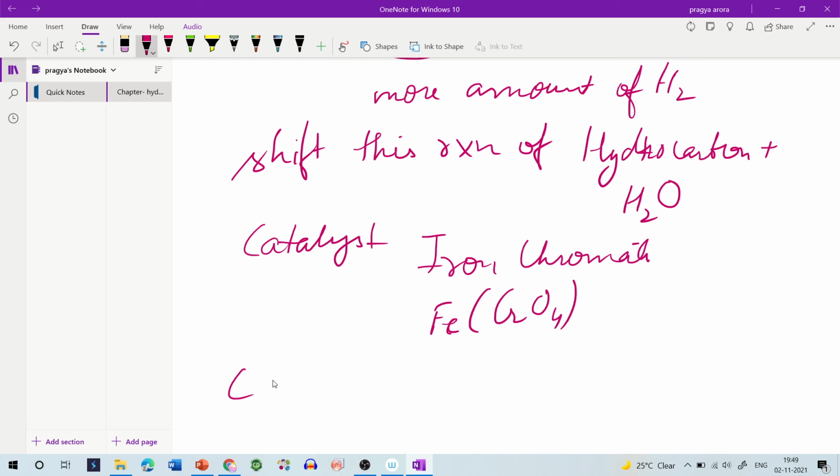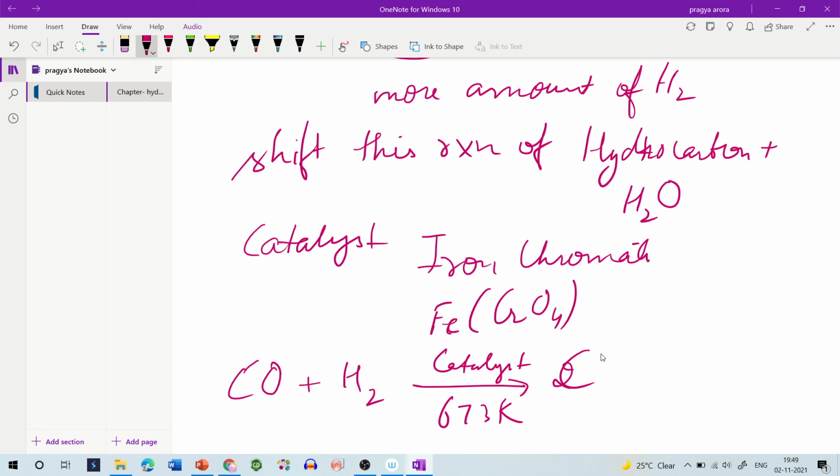So you take this carbon monoxide and water. After this, adding the catalyst, iron chromate, in the presence of 673 Kelvin, there will be production of CO2 gas. This carbon monoxide will be converted into CO2 along with more production of H2.